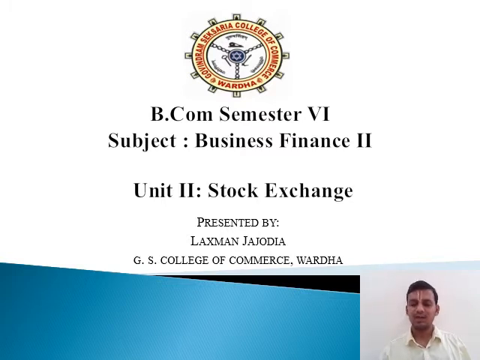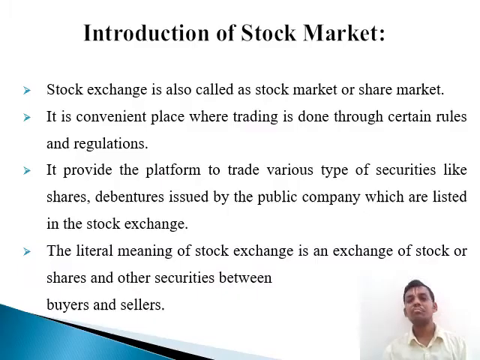So let's start with the meeting place between buyers and sellers. It means that both buyer and seller come into a central place known as stock exchange, and they can have their transaction, or they can exchange their stocks or any other security, not particularly shares. They can exchange any security, but the criteria is what?